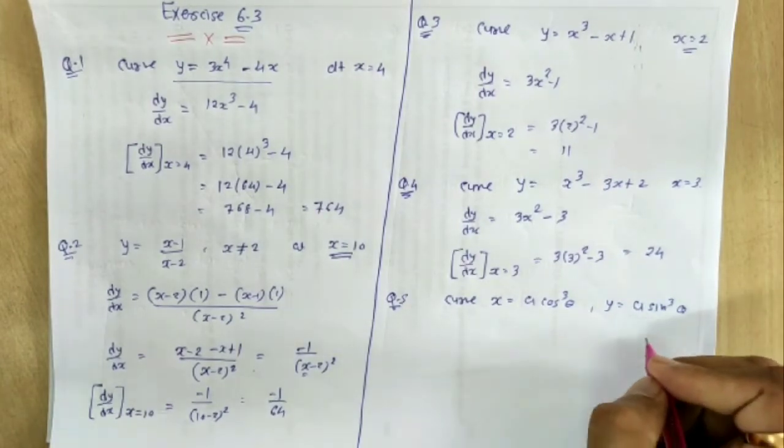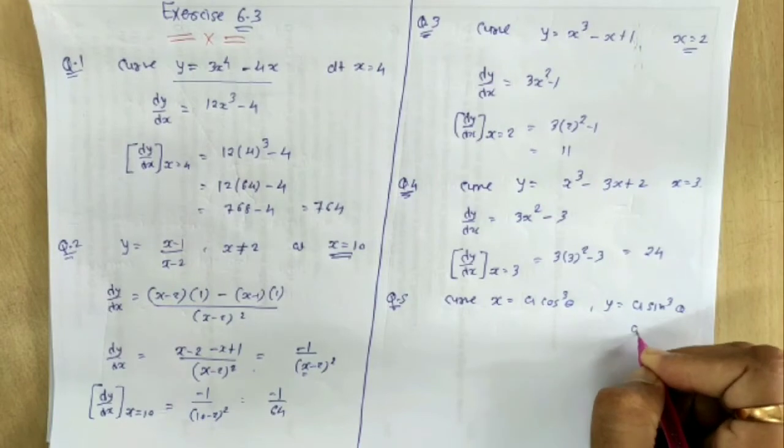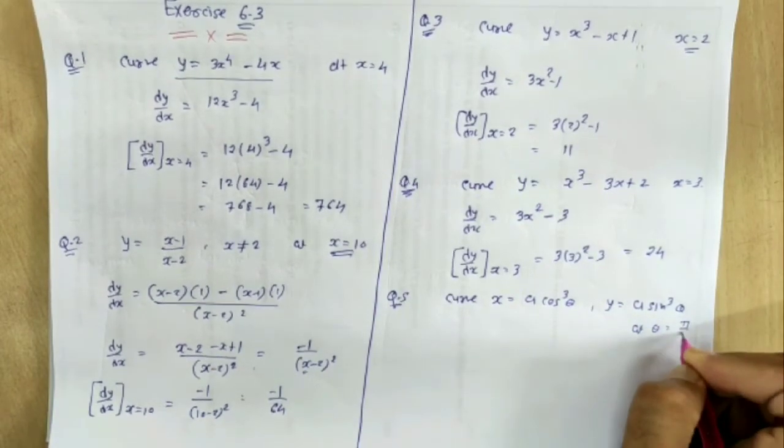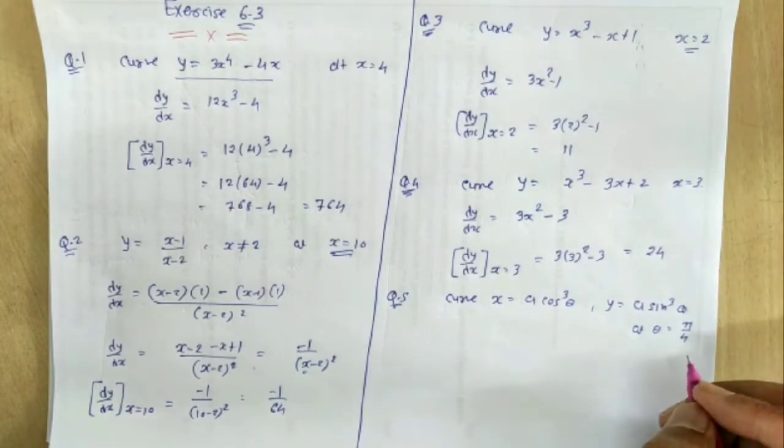You have to find the slope of normal at theta equal to pi by 4. Done. Find the slope of normal to a curve.